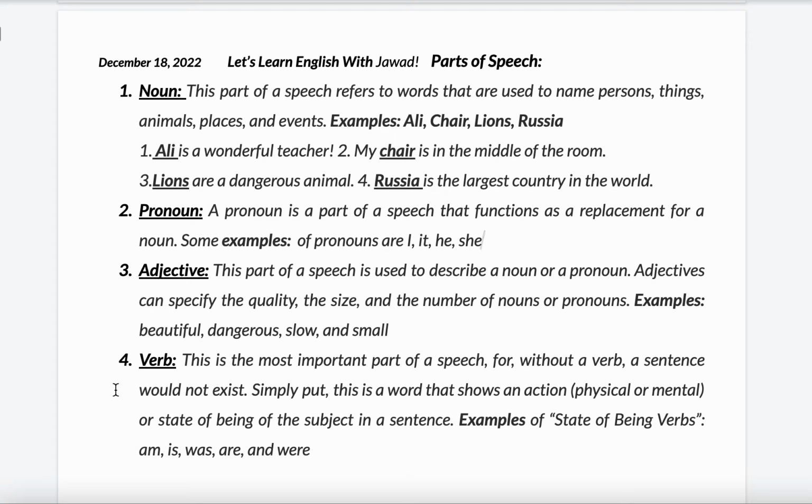For example, Ahmad speaks English. So speaks is a verb. Now, verb has different forms. We will talk about the tenses later on, but for now we just need to know what verb means. A verb is an action.